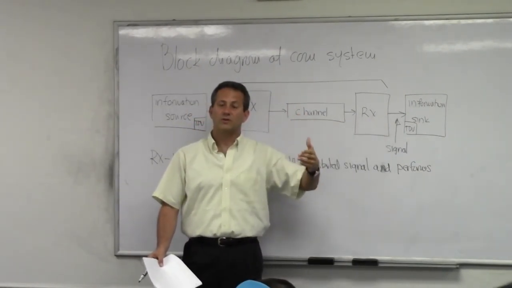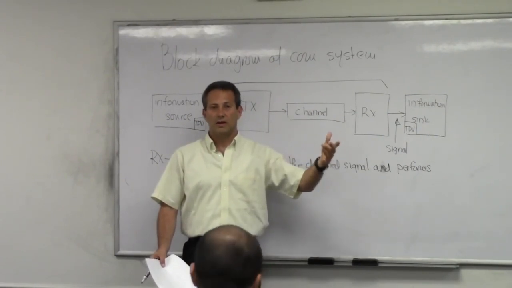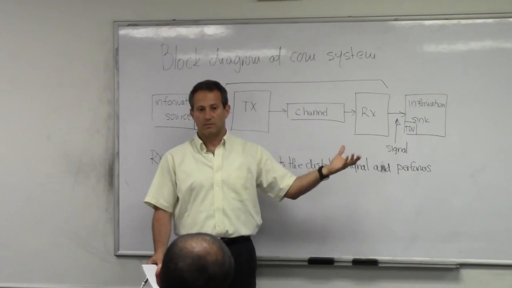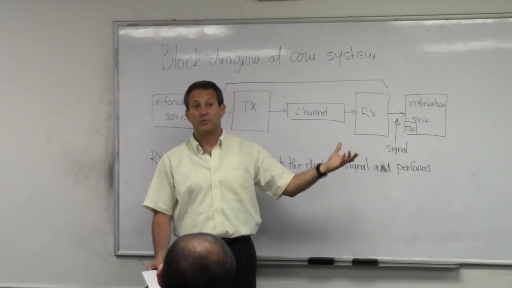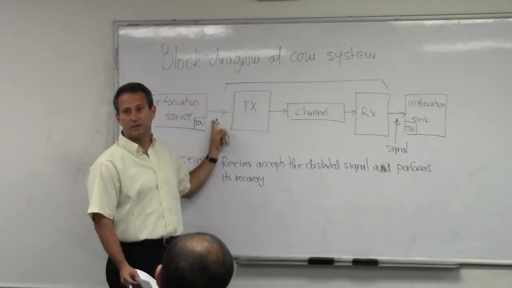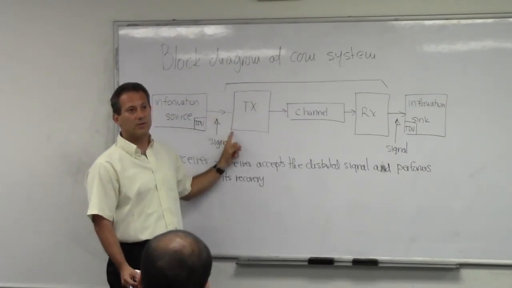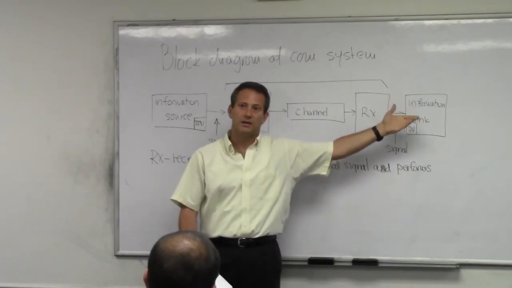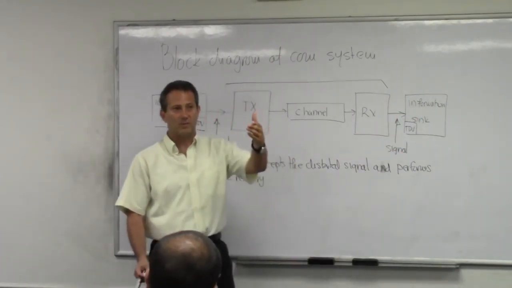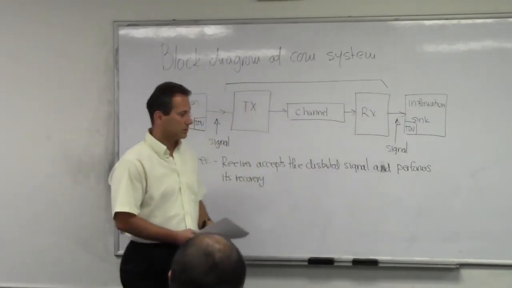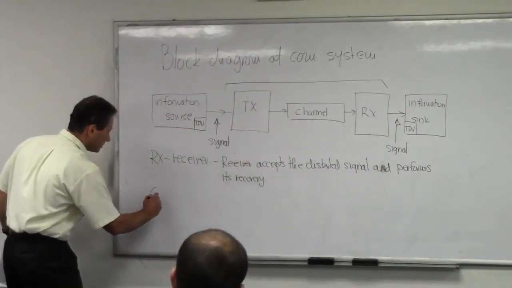We need to convert this voltage back to the acoustic wave, and there is a block here that is usually in the communication system for that purpose. In the case of an acoustic wave, you have a microphone here that converts the acoustic wave to a signal. You're going to have a speaker here that takes the signal and makes it an acoustic waveform. If you have a camera, on one end you're going to have some sort of screen on the other end, and so on. So there is always an output transducer.